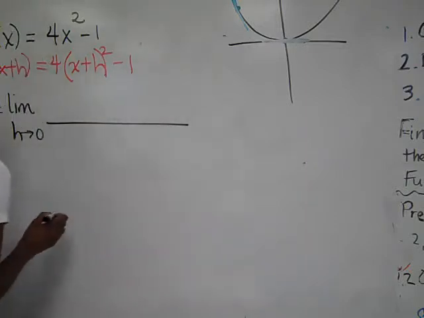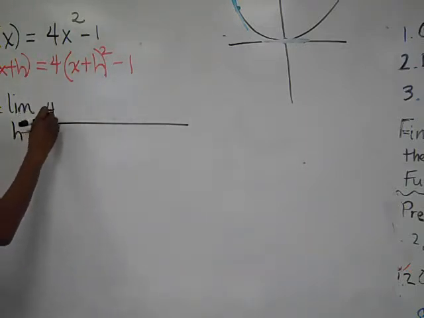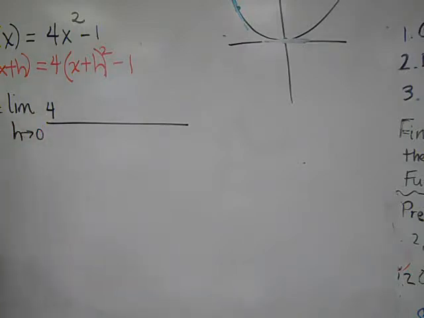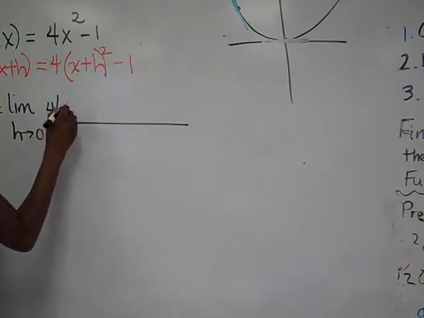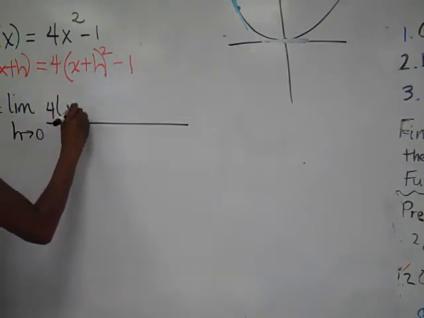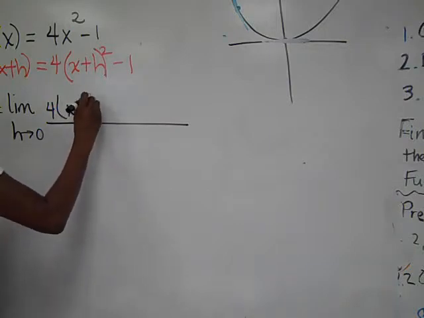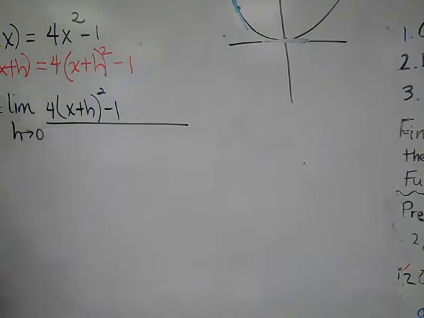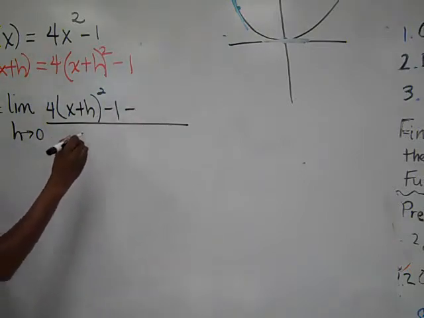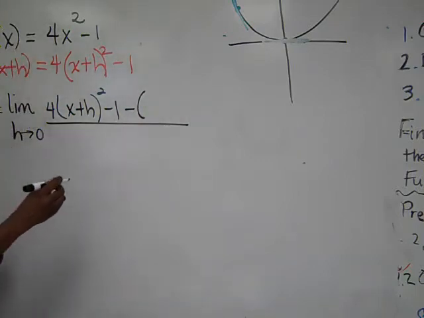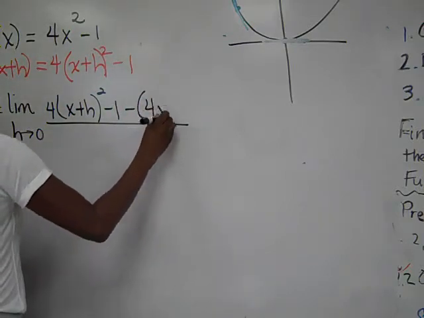All right, so what is going first? The 4 times the quantity (x plus h) squared minus 1. Then minus the quantity 4x squared minus 1.